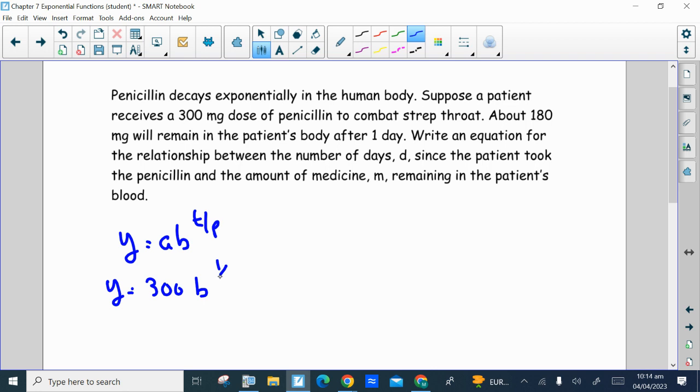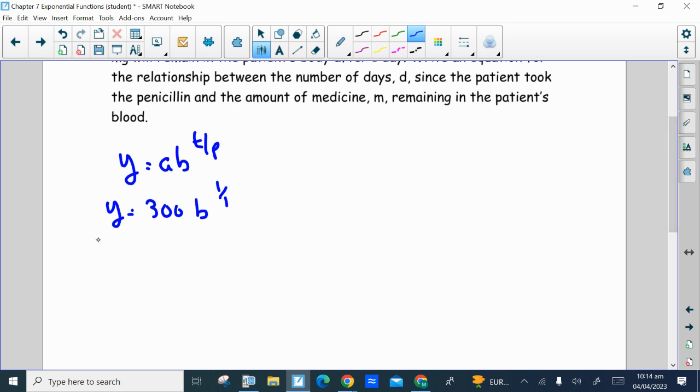We'll say our growth period is how much is going to be left after 1 day, right? And the reason we're using 1 on the top is because we're told about 180 milligrams remains in the patient's body after 1 day. So that's the amount at the end.